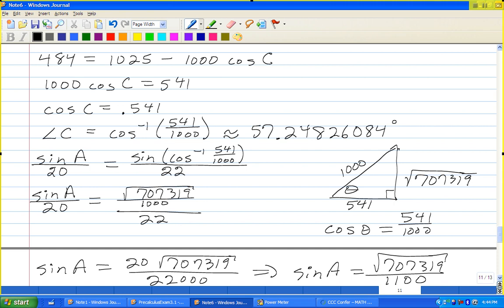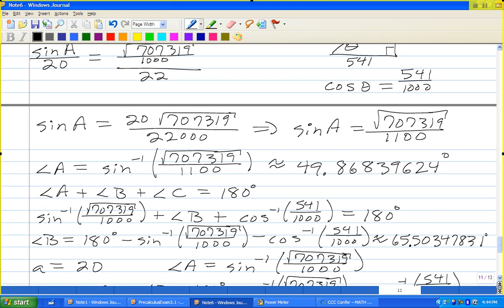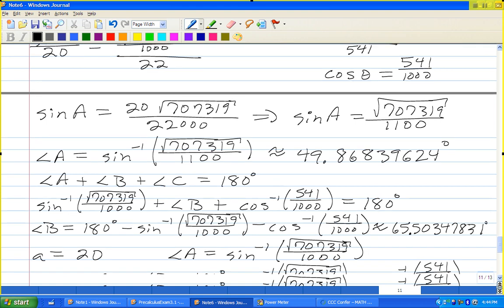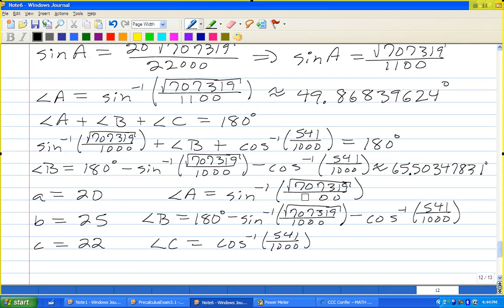Cosine, the sine of that. Now I'm getting a different answer. Oh, because I'm putting in the wrong number. There was a typo there.